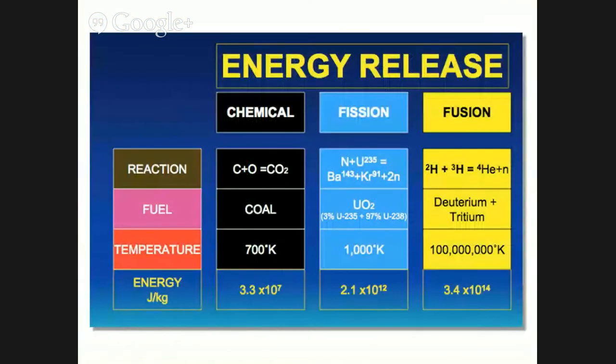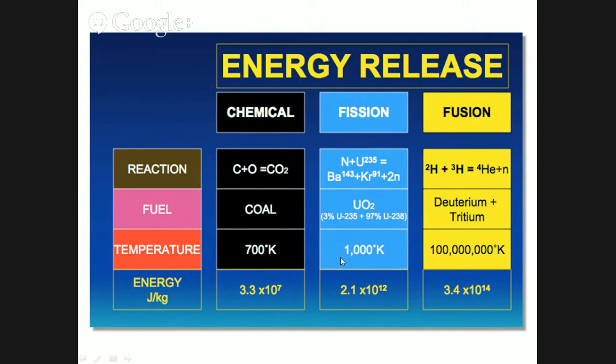If we wanted to make a comparison between, say, burning coal and fission and fusion nuclear reactors, well, this number here, 3.3 times 10 to the 7th, that's about 33 million. Notice that this is 10 to the 12th and 10 to the 14th. So this is 100,000 to 10 million times the amount of energy that's being produced.